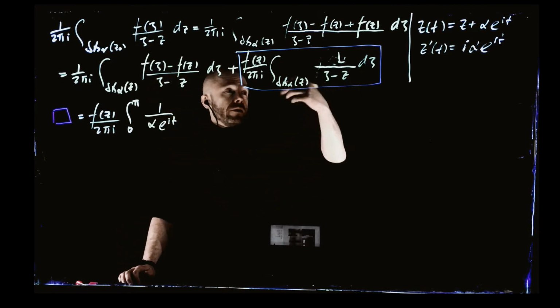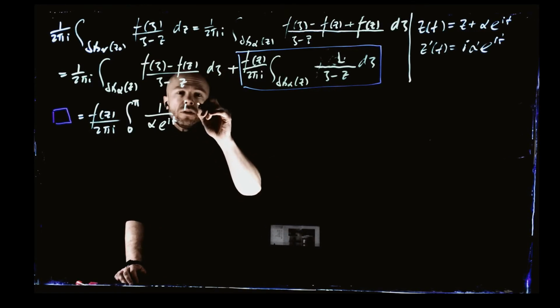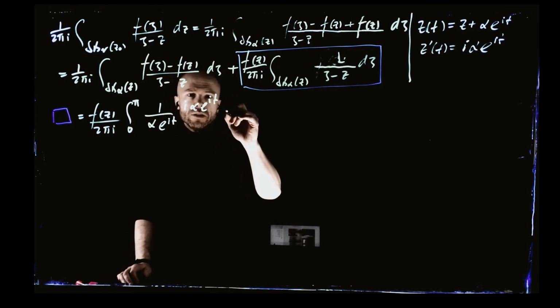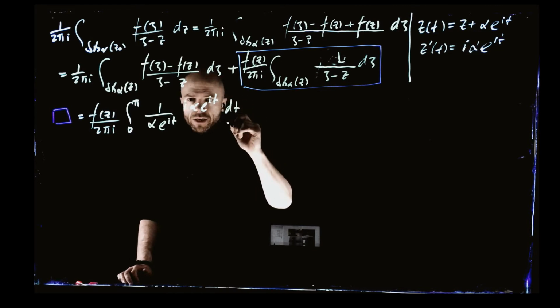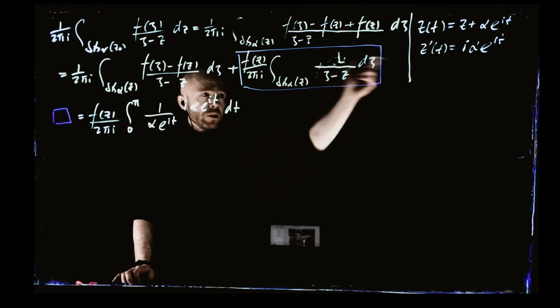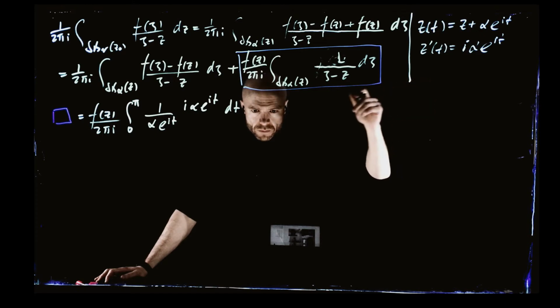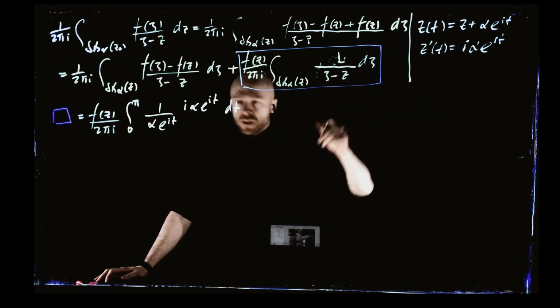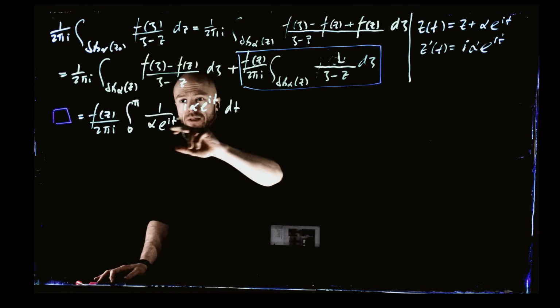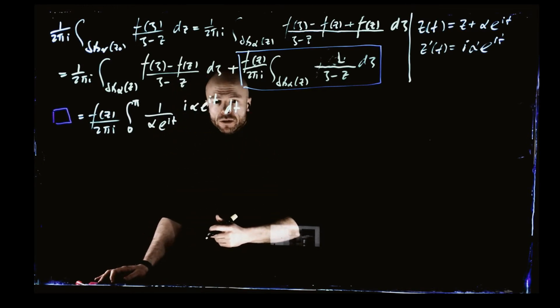And then we're going to have z prime, which is equal to i alpha e to the it, like this. And we're integrating with respect to t. Yeah? So this thing turns into this thing when we use this parameterization z of t. With me? Yeah? Cool. And then we notice that this alpha e to the it and this alpha e to the it just cancel. Yeah, they just cancel.